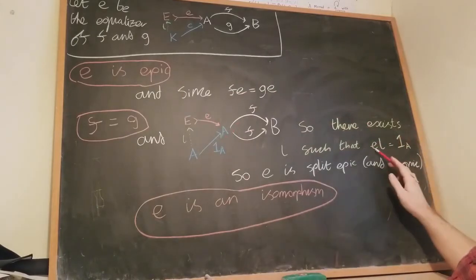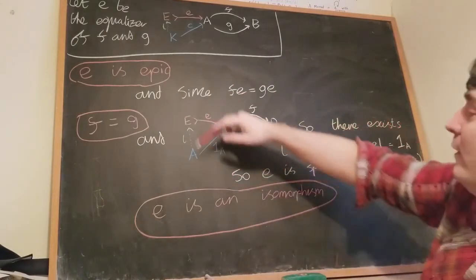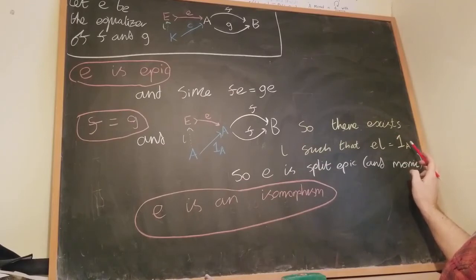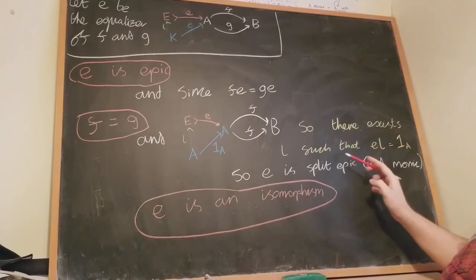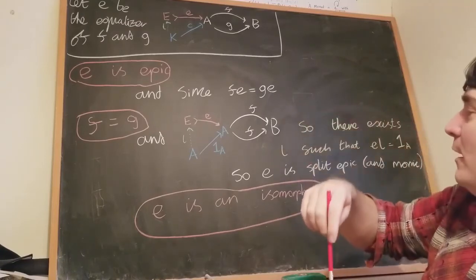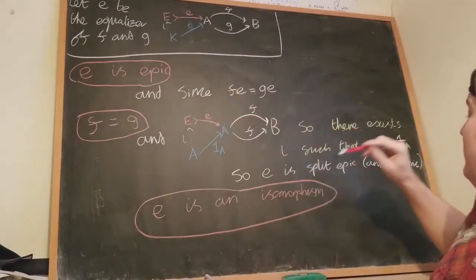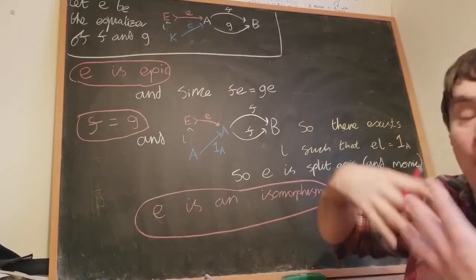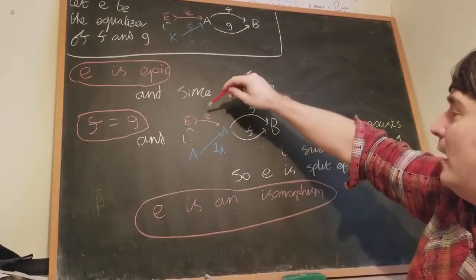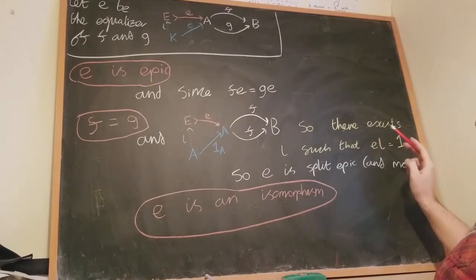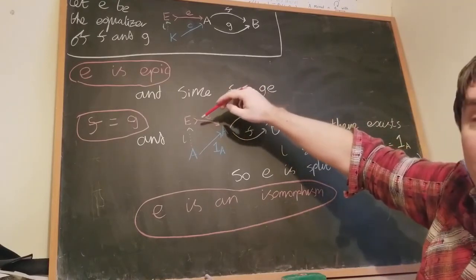So there exists this unique L here such that E after L is the identity of A. But this should seem familiar, because this is basically just the definition of what it means for E to be a split epic. We can think of this L as a right inverse or a section of E, because when we compose with it on the right, it yields the identity. So this means that E is a split epic.